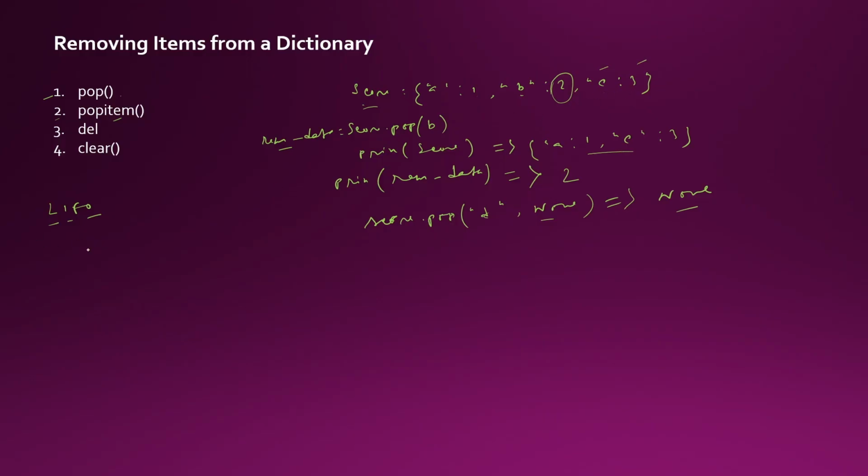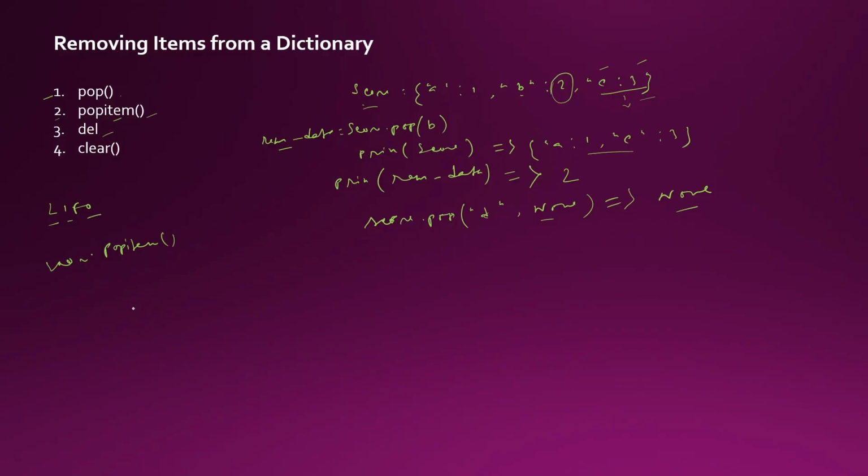Whenever you use score dot popitem, it will automatically remove the last inserted value from the dictionary. That is why it is called last in, first out, LIFO. C has been inserted last, so it will be removed first. So this is how we can use popitem.